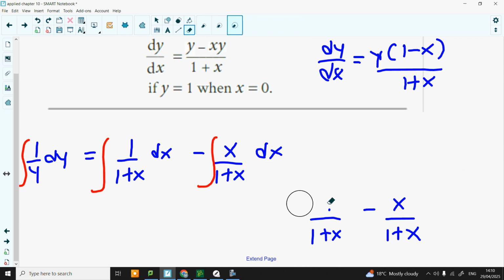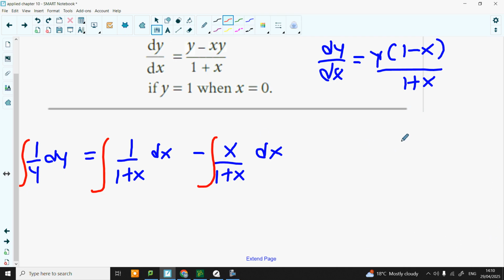Now all of a sudden that u substitution I was thinking about earlier will actually work. So if I say u equals 1 plus x, du/dx will equal what, guys? 1. Therefore du equals dx. That's the first part, all right?